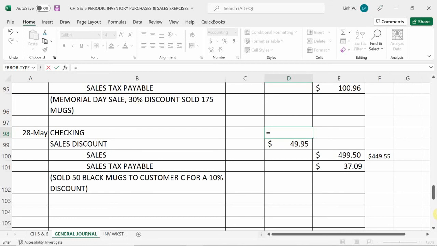Okay, this step is where I got confused on the last one. Okay. So it's $449.55 minus $49.95. No. It's $449.55, right? That's the price that it is right now.